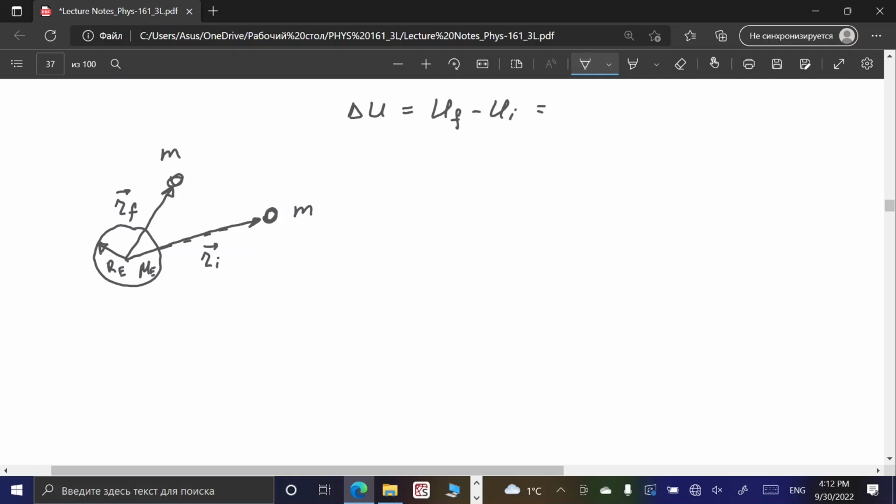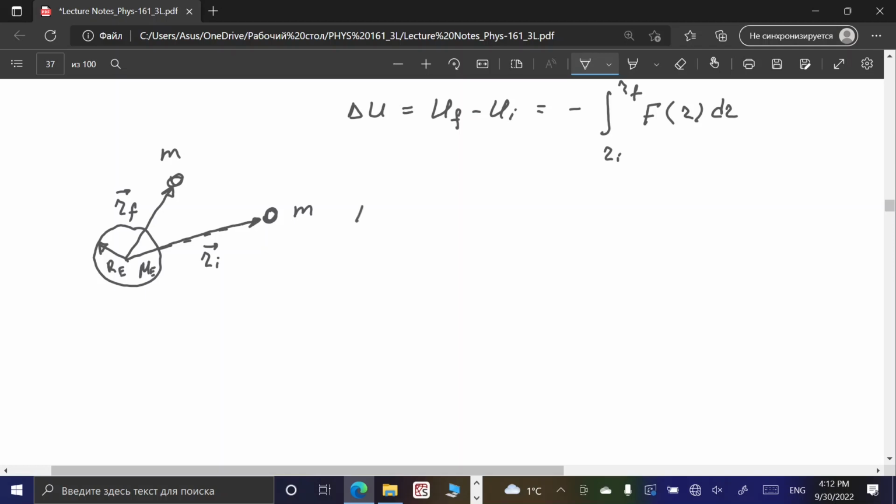That is minus integral from initial position to final position of the force as a function of position, and here dr. So that's a general definition of change of potential energy, equal to negative of work, mechanical work done by conservative force.